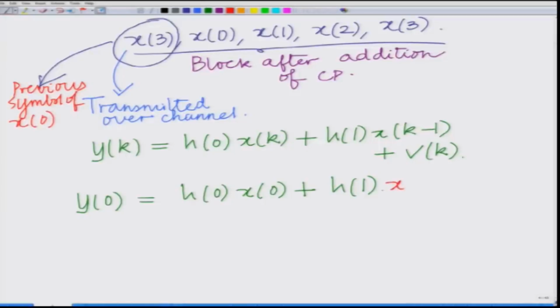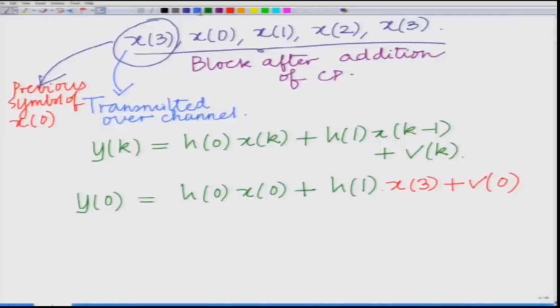So, this is h1 into x3 plus v0, because x3 has been copied from the tail of the block and prefixed at the head of the block, because of the cyclic nature of the prefix, x3 also is the previous symbol to x0. Therefore, you have y0 equals h0 x0 plus h1 times the previous symbol, which is x3, plus v0.